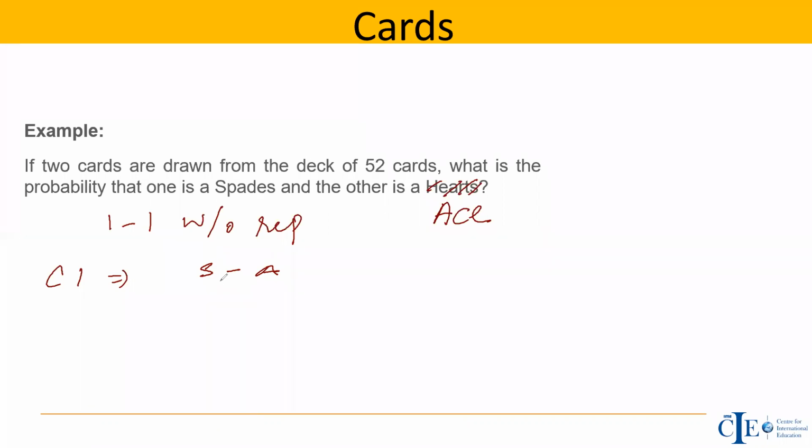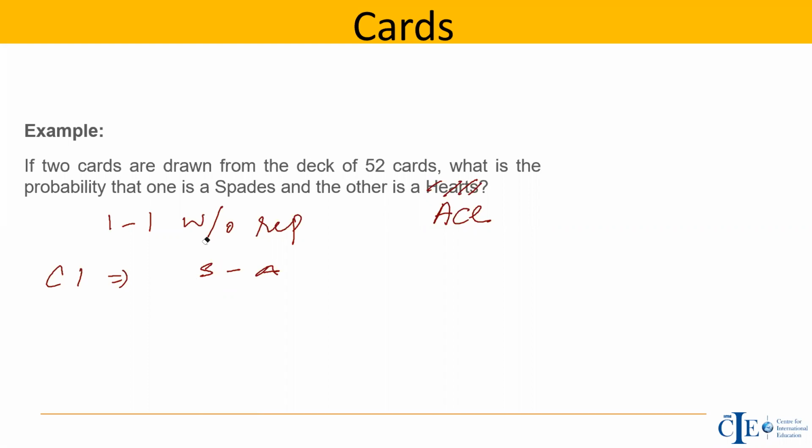Was it an ace or not an ace? Because if the spade was the ace of spades, then you will be left with only three aces for the second selection, as we've already removed that. It's without replacement. But if that spade was, let's say, a seven of spades, then you will have four aces left for the second selection. So we need to split into two cases.